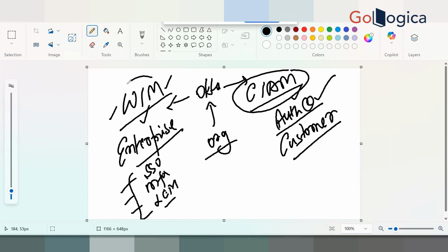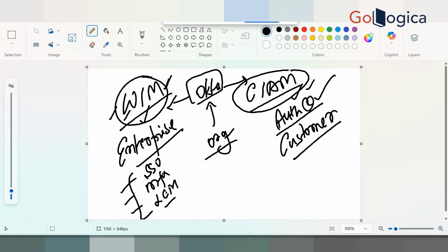So these two products are the ones majorly highlighted in organizations deploying Okta. In future, if you get any project in Okta, you will find it is either on the workforce identity side or the CIM side.